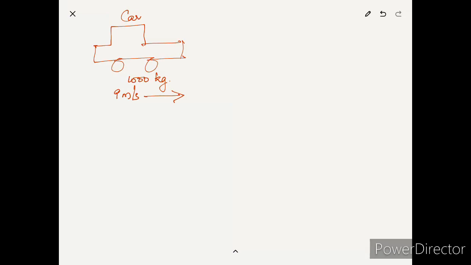Now consider a truck which is stationary, of mass 2000 kilogram. Stationary means its velocity is equal to 0. So here the velocity of car is 9 meter per second, velocity of truck is 0.